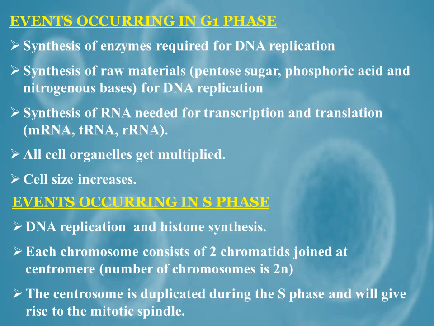All cell organelles like endoplasmic reticulum, mitochondria, Golgi complex, ribosomes and plastids in case of plants multiply. G1 phase is a very significant phase of the cell cycle as the cell grows, increases in size and accumulates the building blocks of chromosomal DNA and the associated proteins as well as sufficient energy reserves to complete the task of replicating each chromosome.